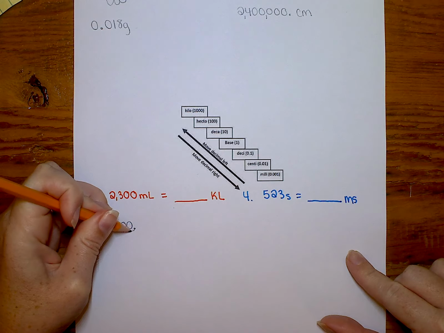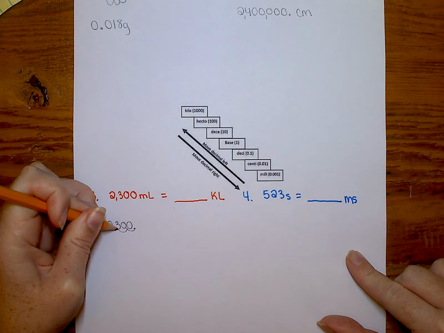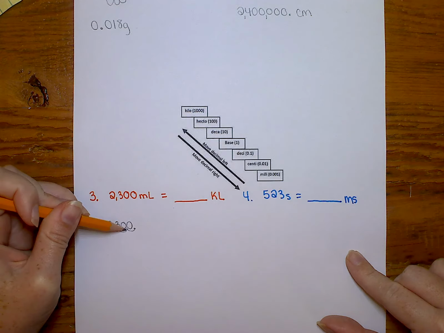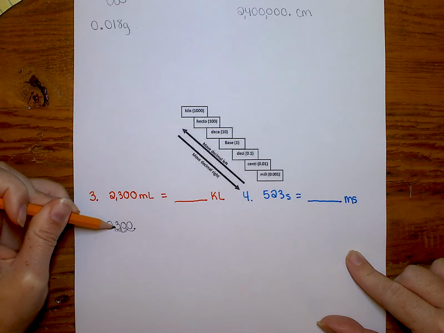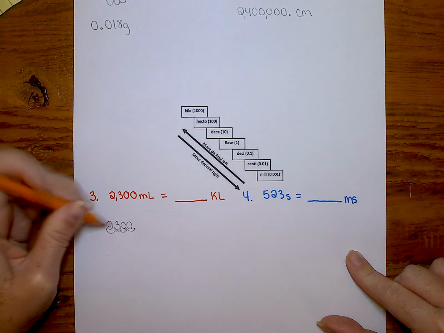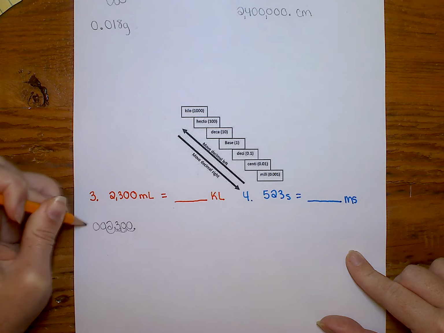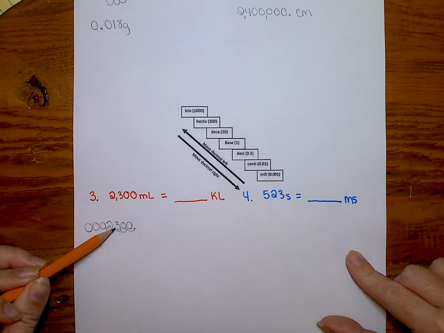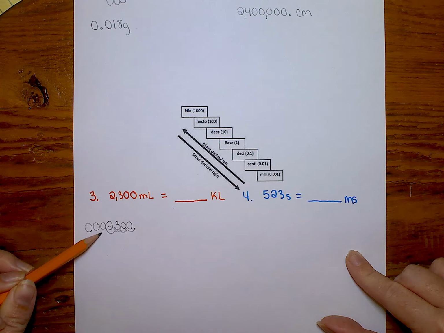So we're going to go 1, 2, 3, 4, add that 0, 5, 6. Let's make sure we did it right. 1, 2, 3, 4, 5, 6.